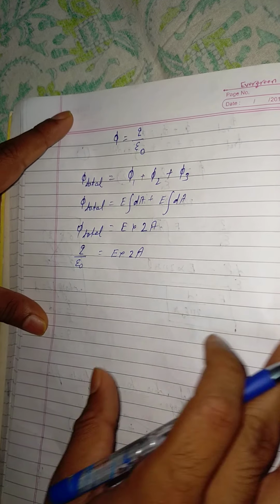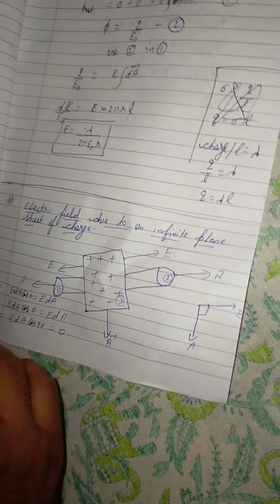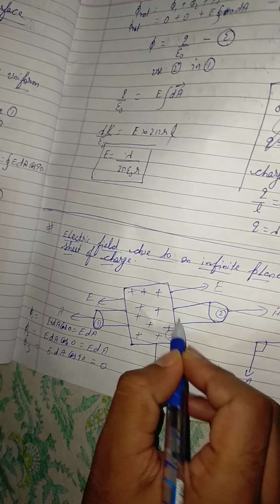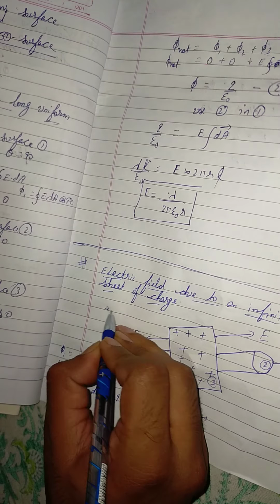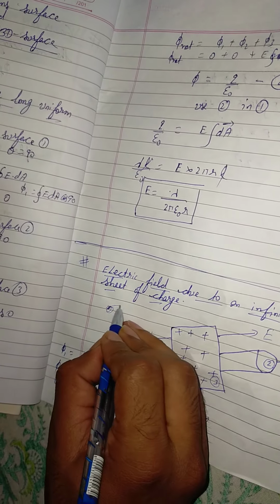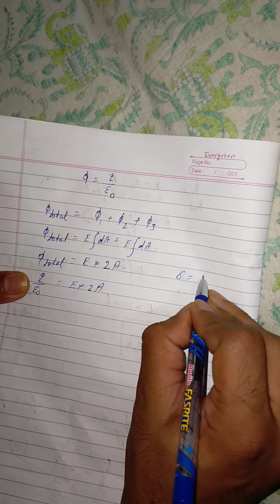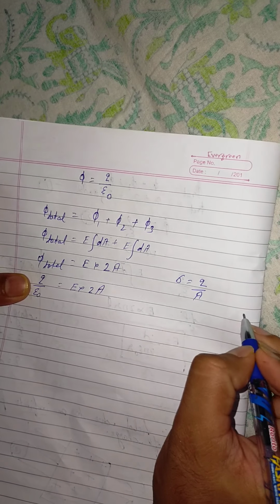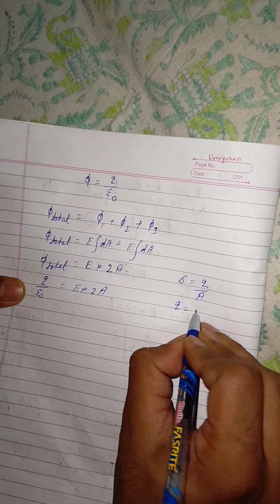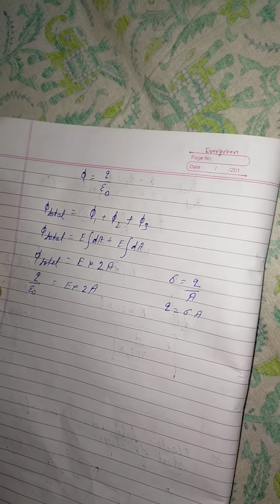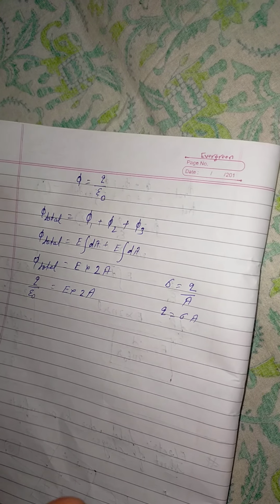Now for the surface charge density, suppose that the surface charge density of this plane sheet is sigma. Okay, sigma, and we know the formula, surface charge density sigma is equal to q over A, so q will be equal to sigma A. There are line charge distribution, surface charge distribution, volume charge distribution.